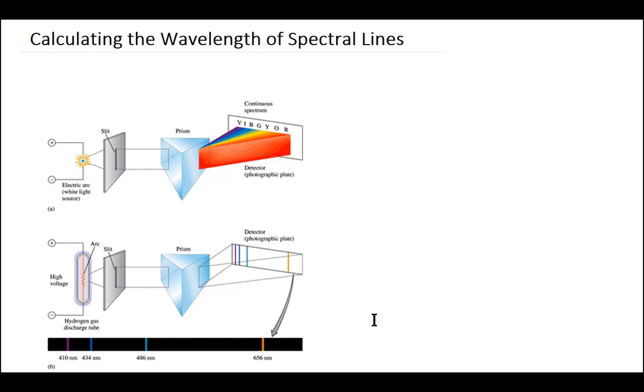What we're going to do now is look at the calculations that Bohr did that allowed him to predict the wavelength of the spectral lines for certain transitions in a hydrogen atom.